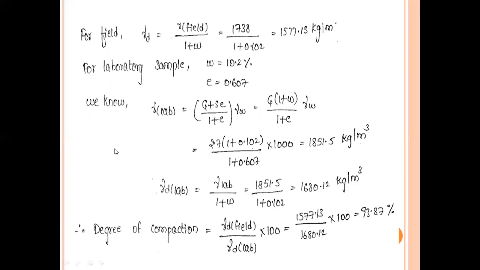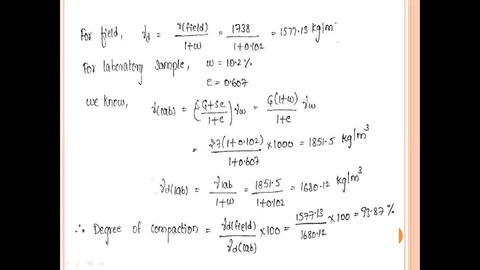For laboratory sample, water content equal to 10.2 percentage and E is the void ratio 0.607, means 60.7 percentage. We know the lab formula is gamma lab equal to (G plus SE) by (1 plus E) into gamma W. Here SE equal to WG.